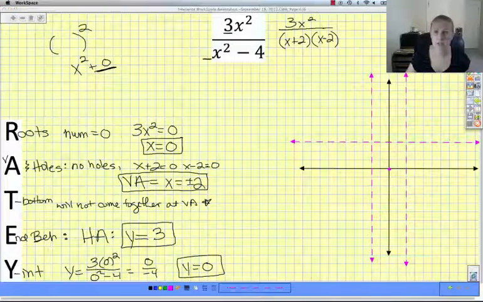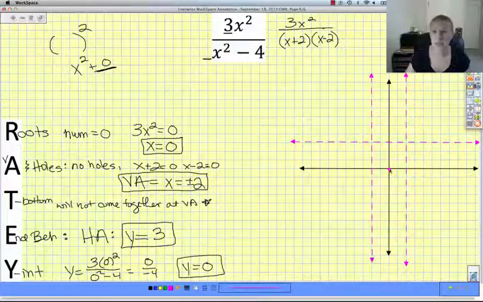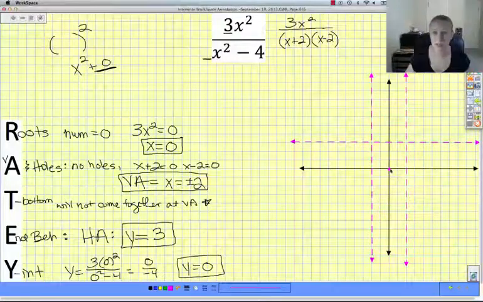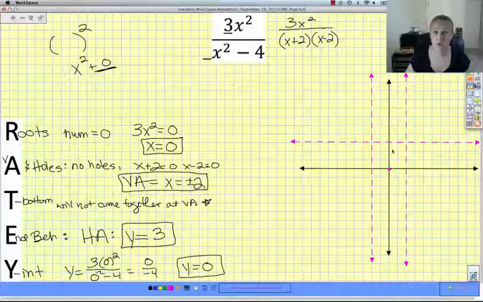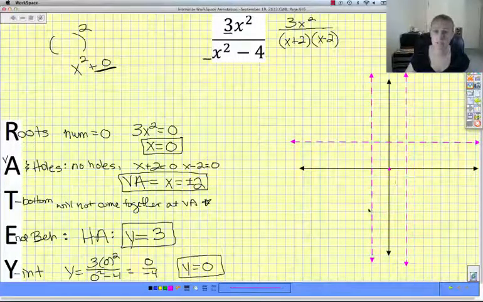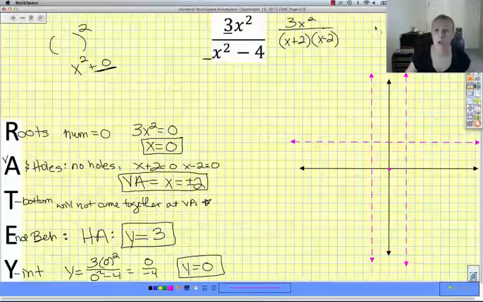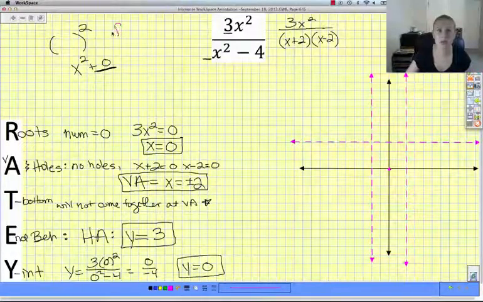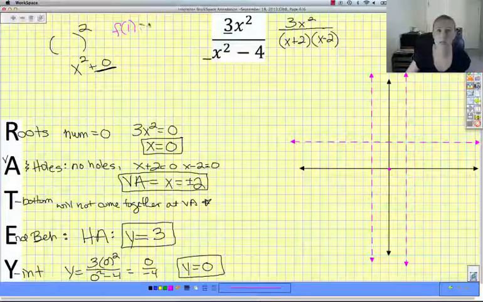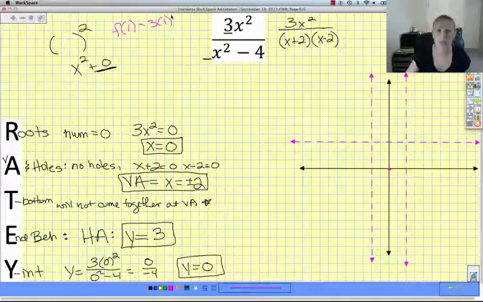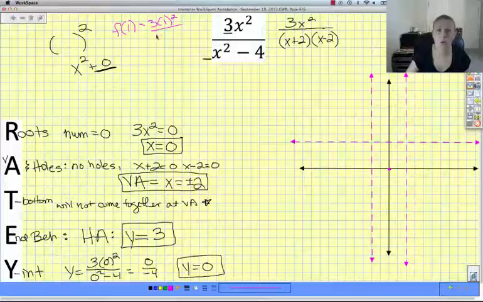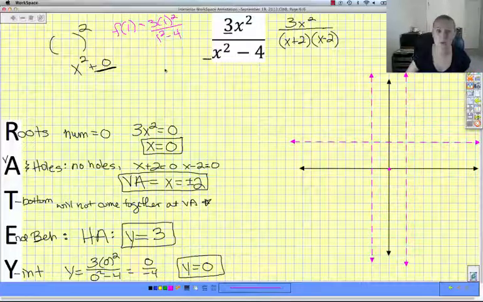So the only thing that's really missing here is I don't really know what this point is doing. I don't know if it's going up here or down here. So sometimes it's helpful to do an additional point. I'm going to check and see what it's doing at x equals 1. So I'm going to substitute f of 1 into my problem, and I get 3 times 1 squared over 1 squared minus 4.